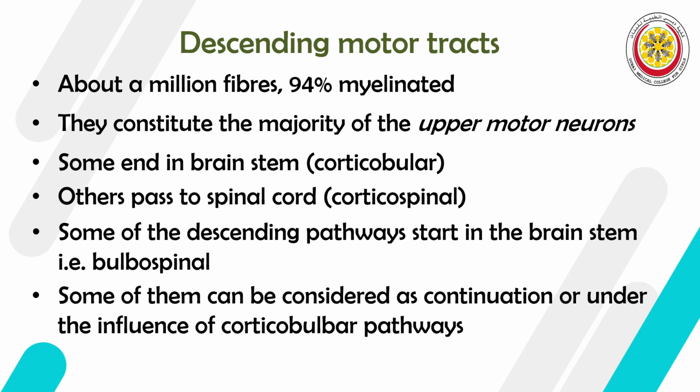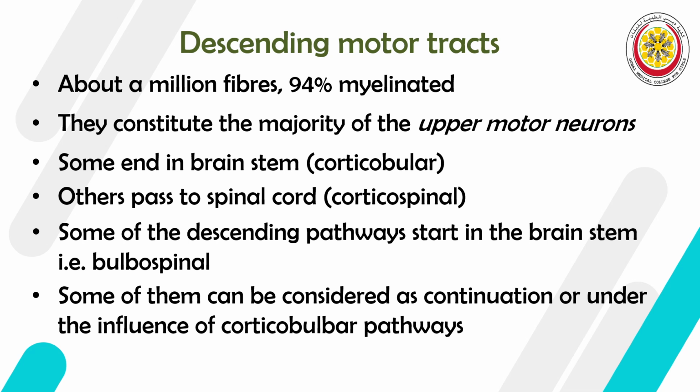Now, some descending pathways start in subcortical regions, mostly in the brainstem. So we have corticobulbar ending in the brainstem, but we have some starting in the brainstem going to the spinal cord.